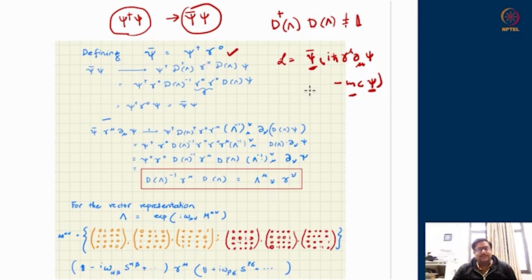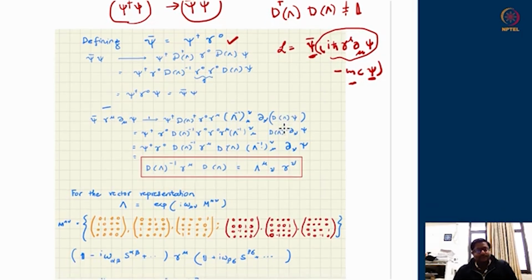So if that is the proposition, we should check whether this kinetic term is now invariant under Lorentz transformation or not. And indeed, we will see that it is invariant. So we try to see how it transforms. Inside there are things which appear like D dagger, gamma naught, gamma mu, and the inverse of D(Λ). So all these things will appear if I try to do Lorentz transformation.